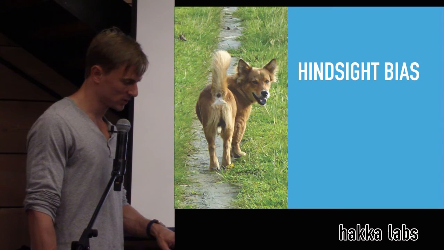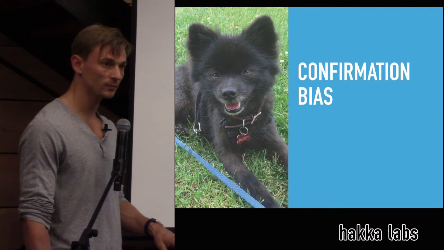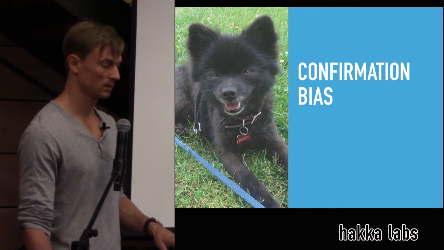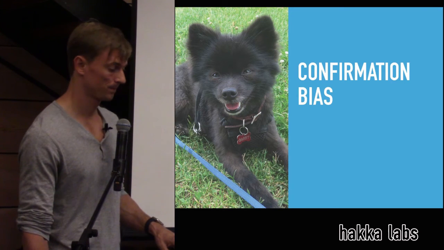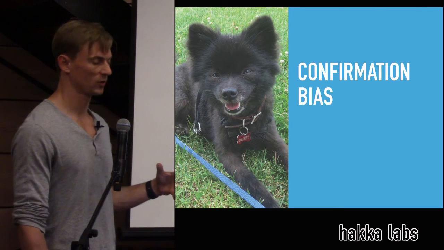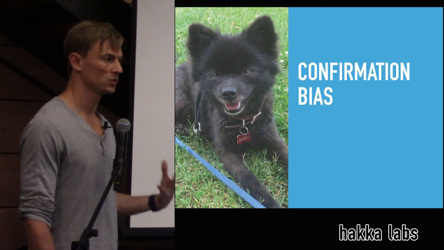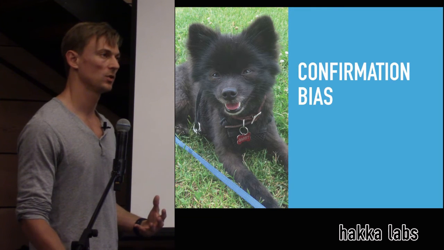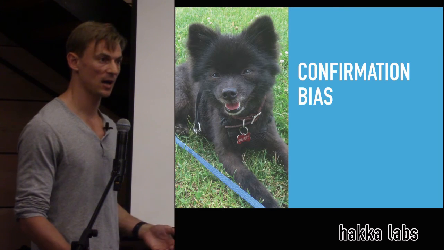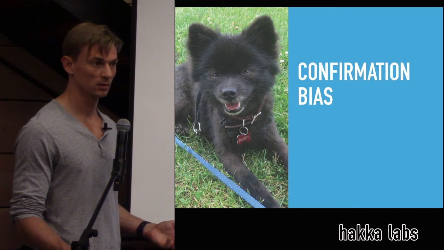Okay, we'll skip this one in the interest of time. Yes? Can you explain the hindsight bias again? I didn't get that. Yep. So hindsight refers to looking back in time, and when you do that, about something that happened, it's really easy to say, oh, I knew it was going to happen all along.